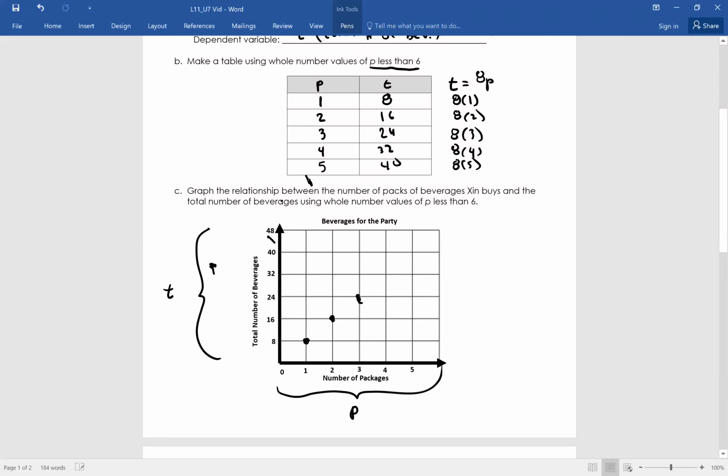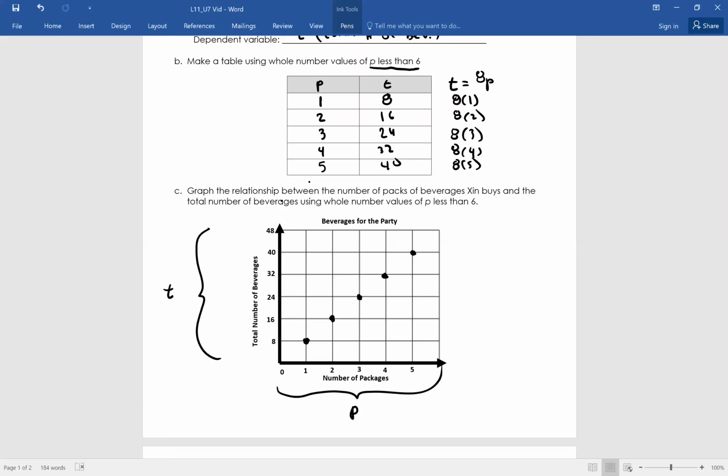Oops, that's ugly. 3, 24. 4, 32. And 5. All right, so this is a graph that represents the table above using the equation that they gave us.